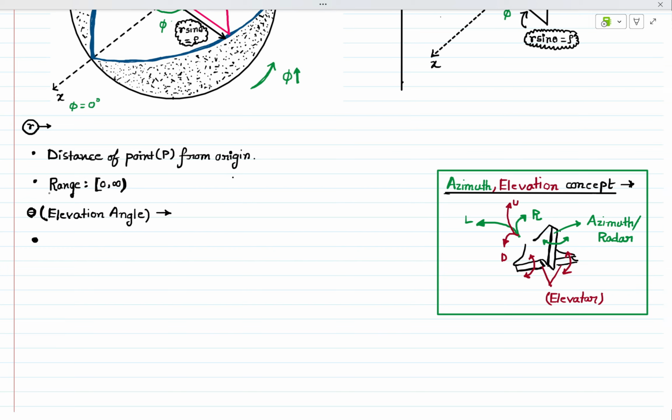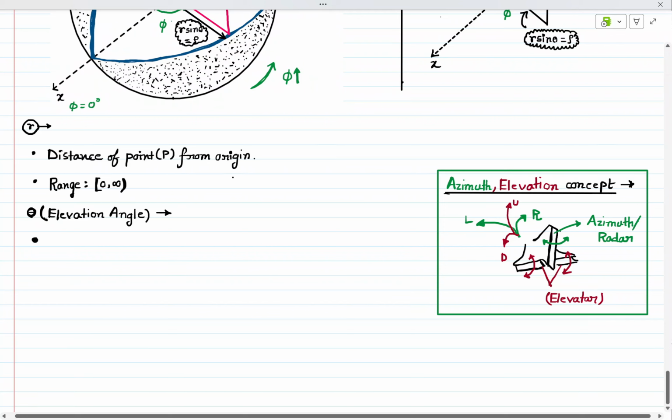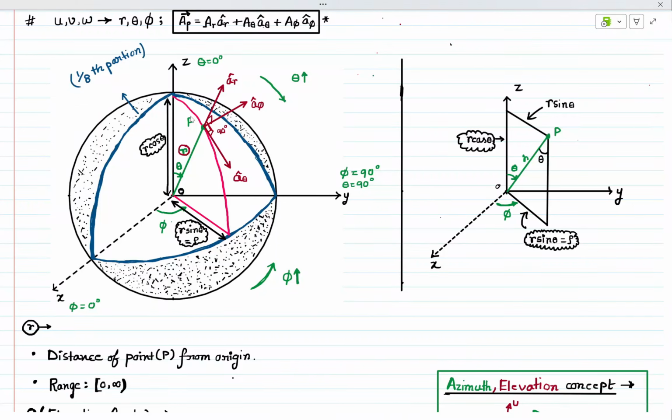Now what is the theta angle? That is the elevation angle. Now that's what I am writing over here. What is the angle actually? By definition I can say this is the angle made by the position vector with respect to the z axis. Right? This theta angle is made by this position vector p with respect to the z axis. Right? So that's what I am writing over here.